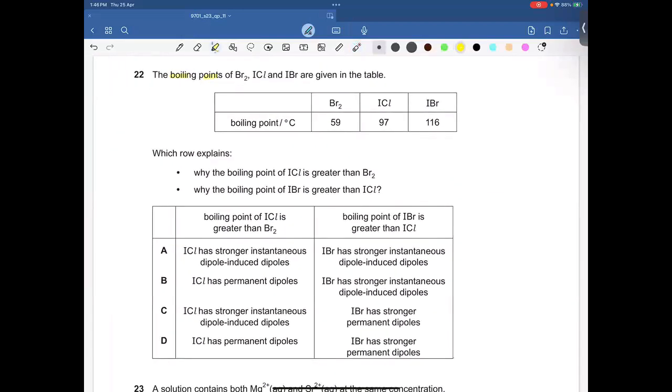The boiling points of bromine, ICl, and IBr are given in the table. Which row explains why the boiling point of ICl is greater than IBr? That's extremely easy. Now, ICl has two different situations.